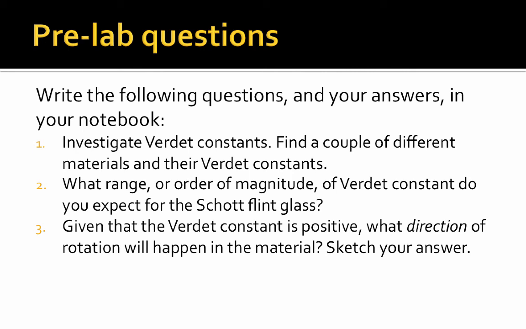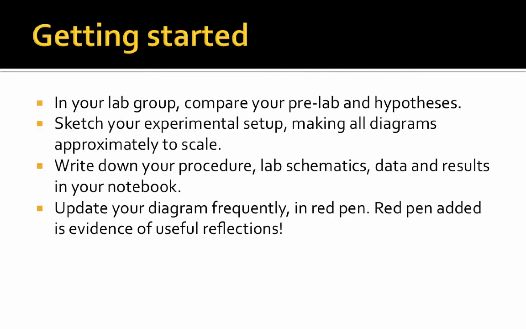So what direction of rotation do you expect as the laser passes through the material? And that's it, the usual getting started. There will be several questions that you'll have as you do the lab and as you read the additional materials in the lab handout. So continue to think about it and be ready to go for lab.